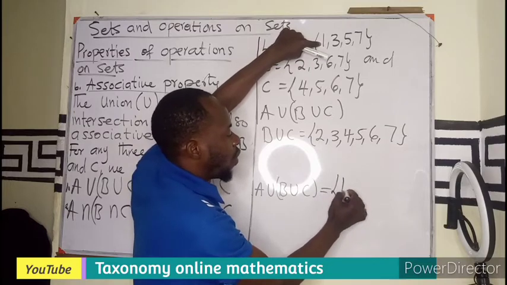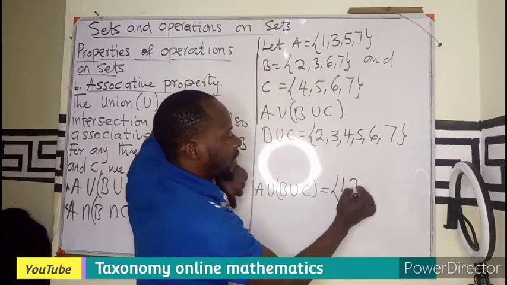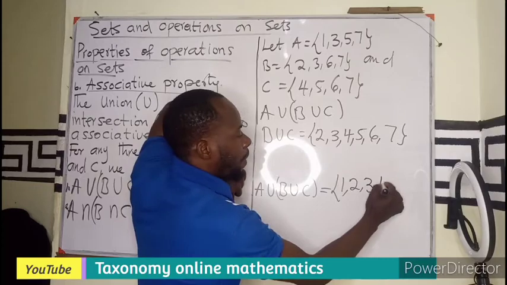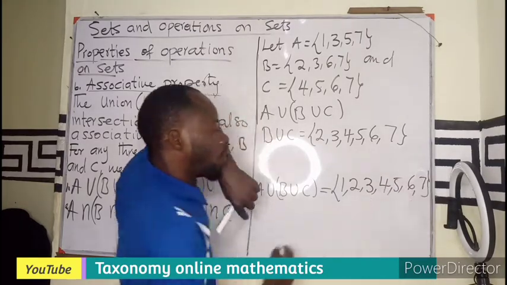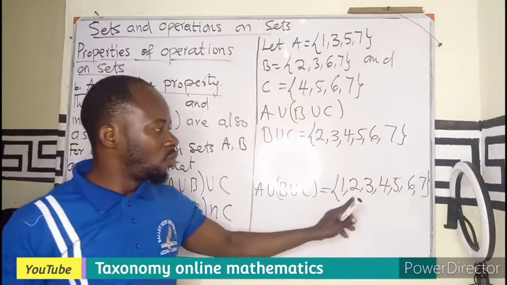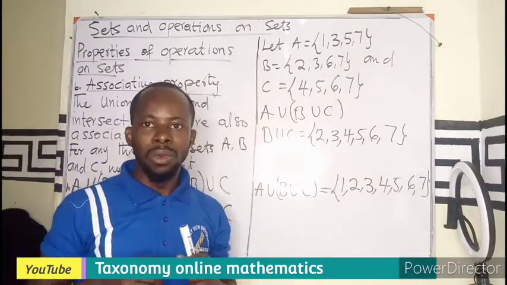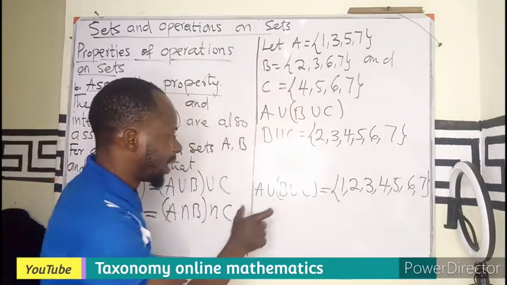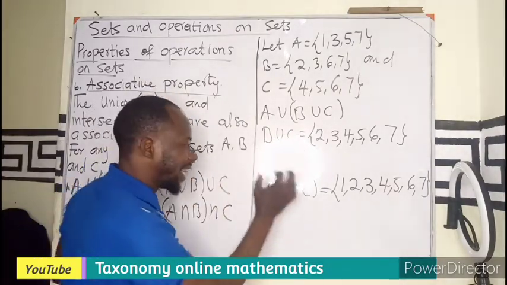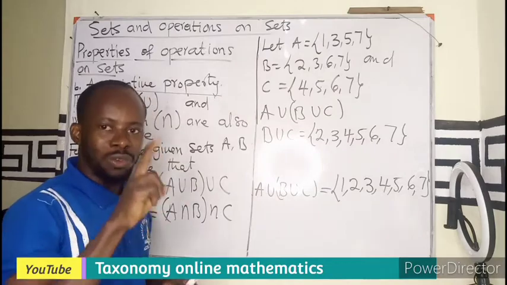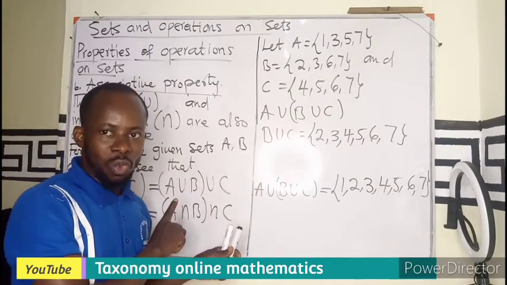So I believe 1 will be the first number, 2, 3. So in that case, we are going to have 1, 2, 3, 4, 5, 6, 7 combined together, as in A union B union C, taking the last two before the first one.